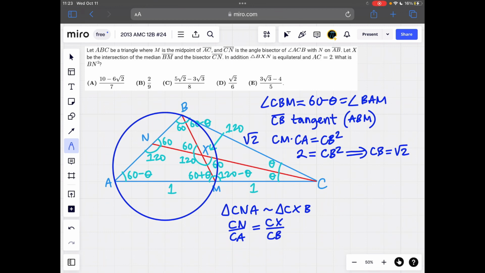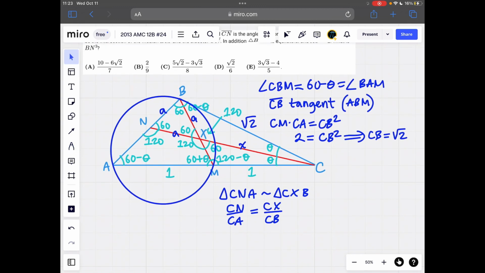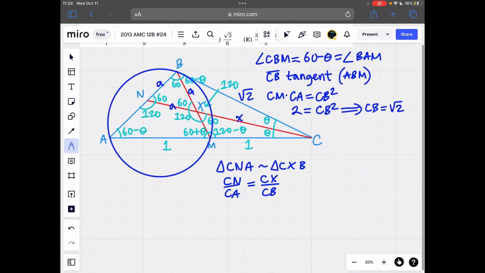Now I'm going to label some of these lengths. I will let CX equal little x, and the side length of equilateral triangle BXN, I'll let that be equal to a. So we want to find a squared. Now we can rewrite this similar triangles equation, CN over CA equals CX over CB, in terms of x and a. We know that CN is equal to x plus a. CA is just 2.